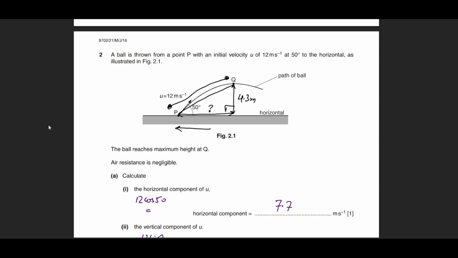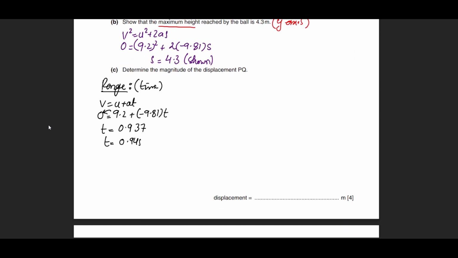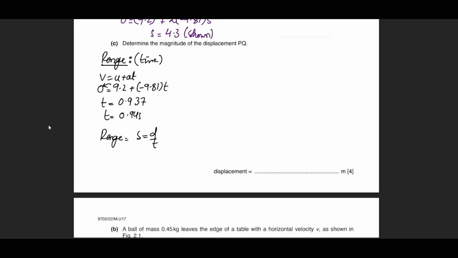Even for the horizontal component, you have allowed a time frame of 0.937 seconds. And we know that the forward velocity, the horizontal component, is actually 7.7. So let's find out the range that it has taken. To find range, we simply use the formula speed is equal to distance over time. The horizontal speed is already known. The horizontal speed is 7.7.